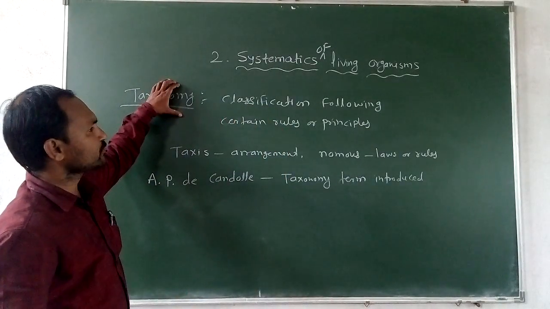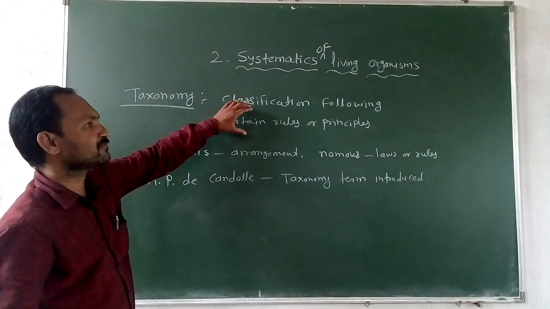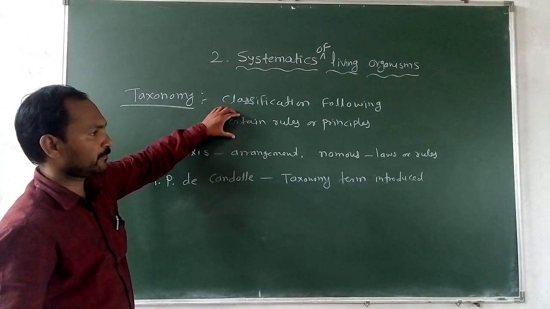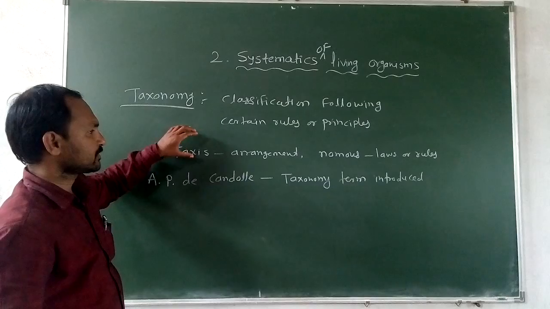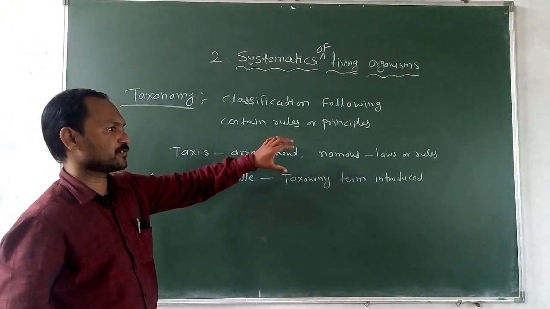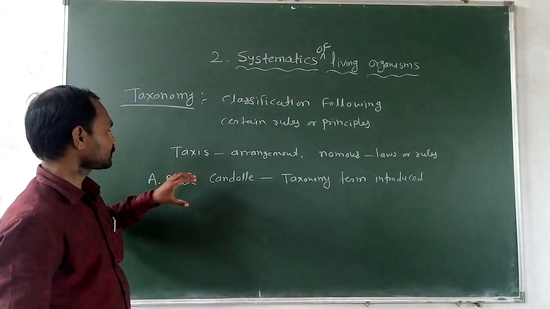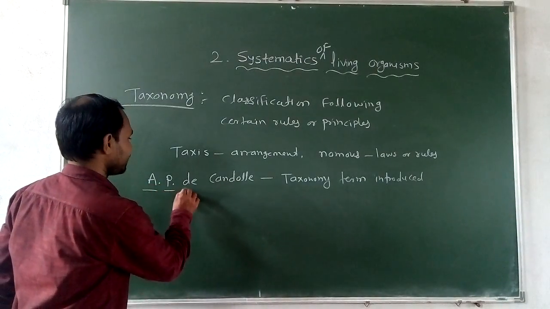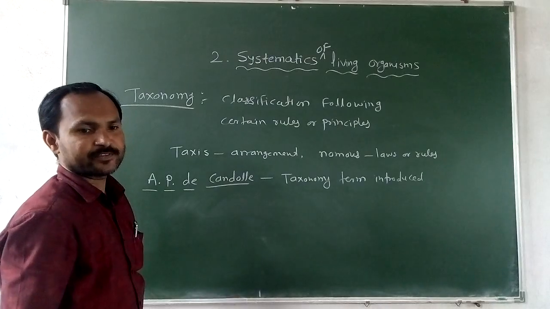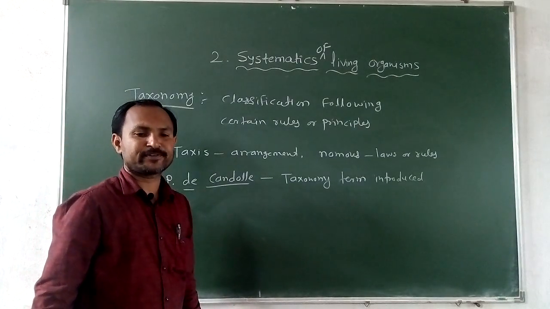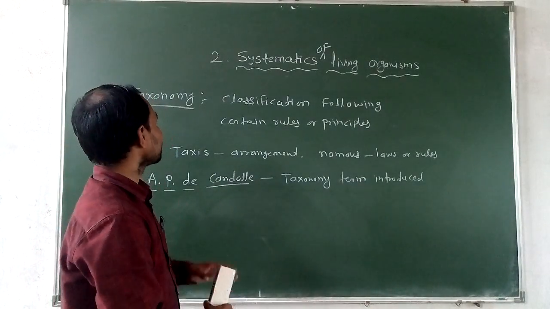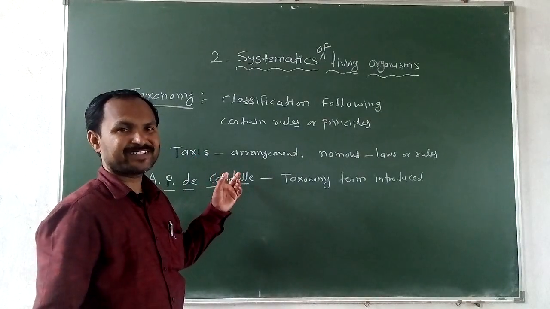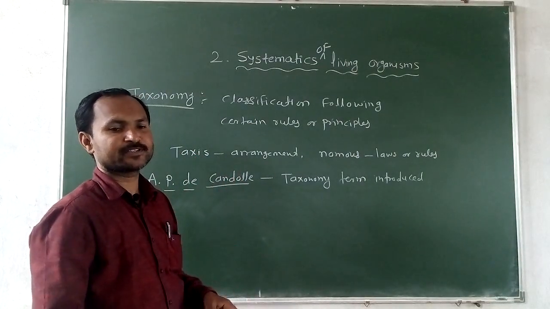So taxonomy means classification of living organisms following certain rules and principles. Taxis means arrangement, nomos means laws or rules. And this term was first introduced by this scientist A.P.D. Candolle, one of the Swiss botanists. This is the second definition. First systematics, second taxonomy. Remember these terms.